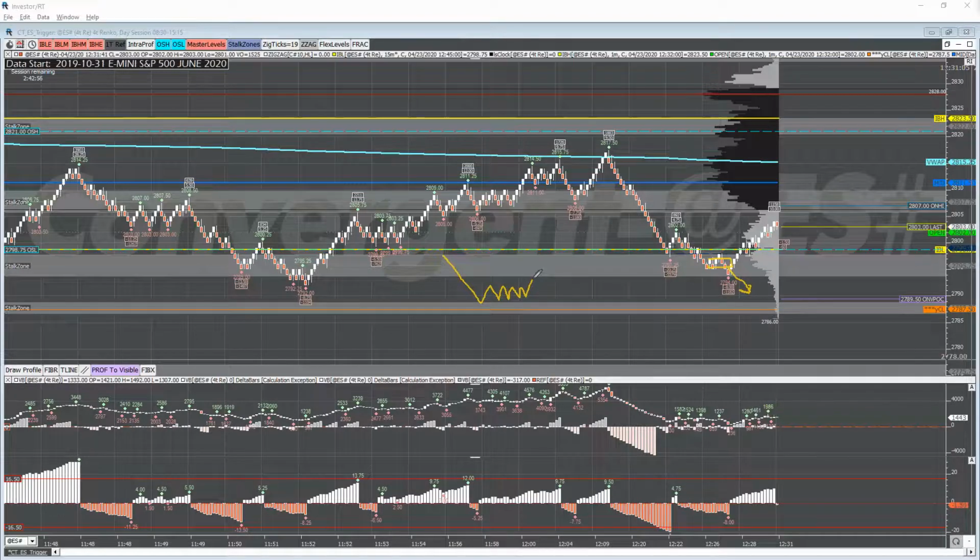Then it comes back, consolidates, and goes the other way. This is a failed attempt to push higher, which gives these people a much higher confidence of getting short. So what I look for, if I'm trading to the downside, is drop, consolidate.